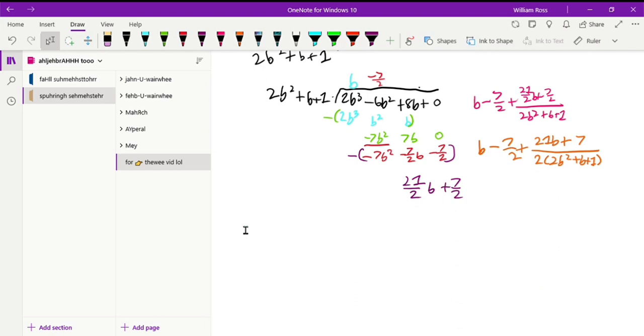Alright, so now for synthetic division. I don't know if I spelled it right. Synthetic division is super easy and very fast.